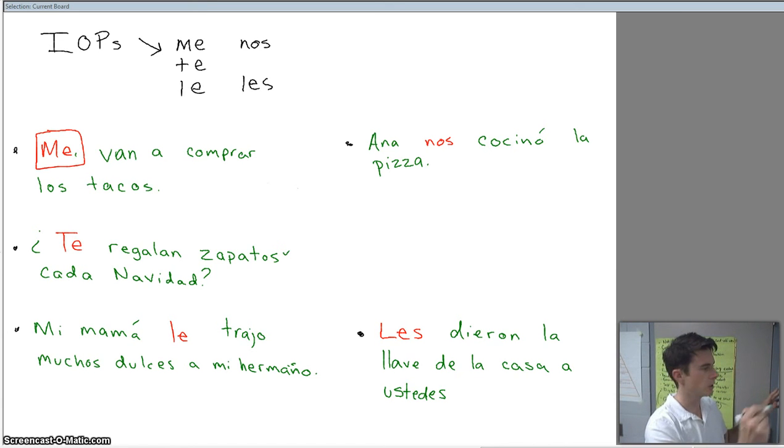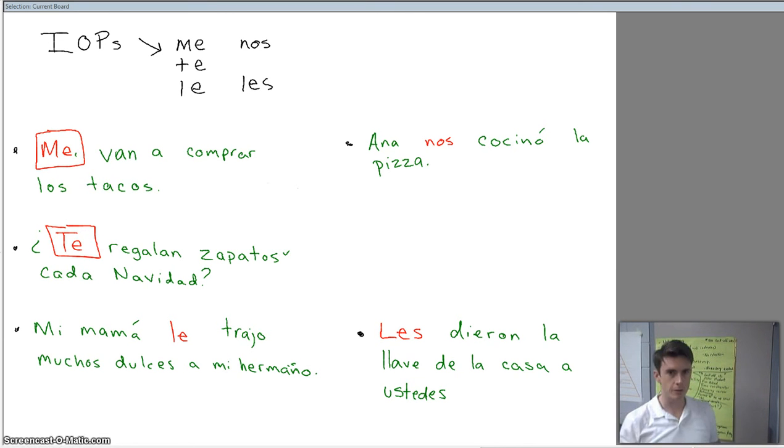The zapatos. Who benefits from those zapatos? Who receives those zapatos? Right. The te. Alright. So that would be something going to you. If I'm asking you the question, ¿te regalan zapatos cada Navidad? Then you are the beneficiary of those zapatos.